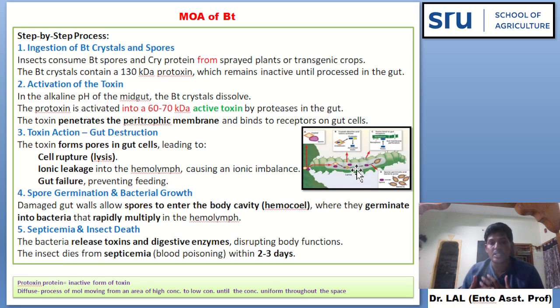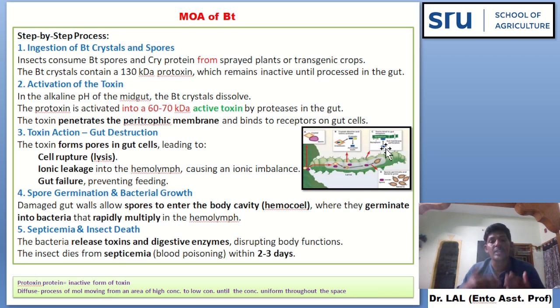These toxins upon activation penetrate the peritrophic membrane and bind to the specific receptors which are present on the midgut epithelial cells.